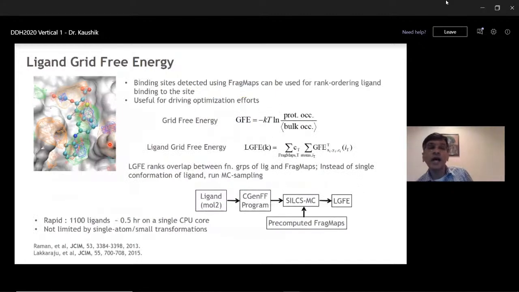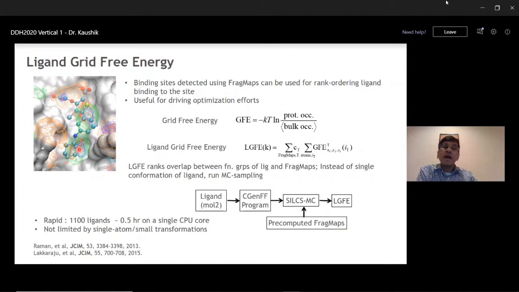So we do have this metric called the ligand grid-free energy. It's simply taking off from the grid-free energies that were calculated. Just to refresh your memory, grid-free energy is basically kT log of the probability of finding a probe molecule at a given grid or a given subspace in the simulation box, right?